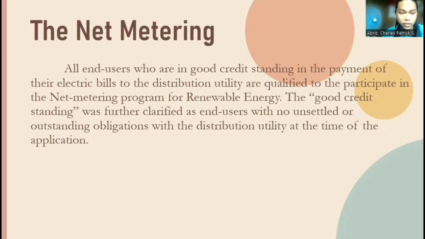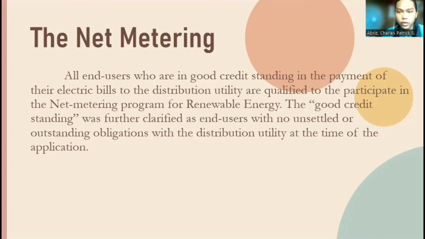The good credit standing was further clarified as the end users with no unsettled or outstanding obligations with the distribution utility at the time of application. So, simply put, as long as you are a customer of the DU without unpaid fees, you're eligible for the net metering program.